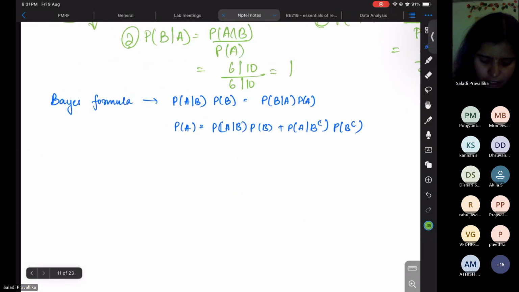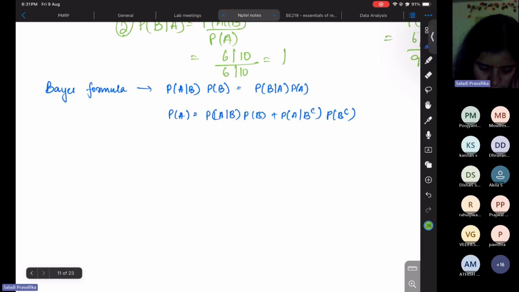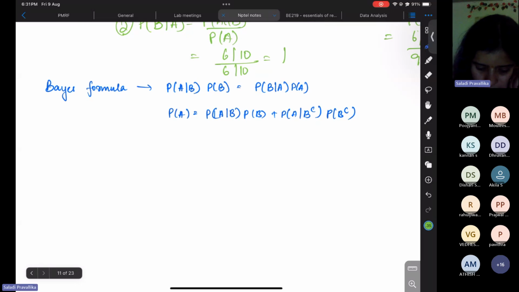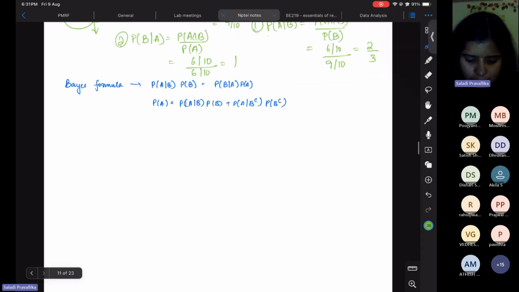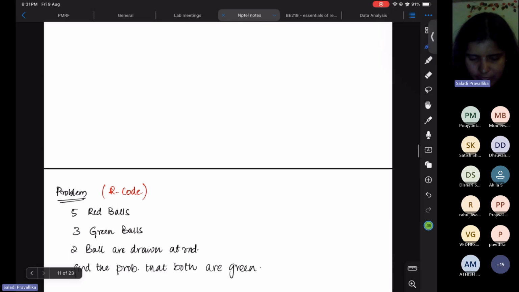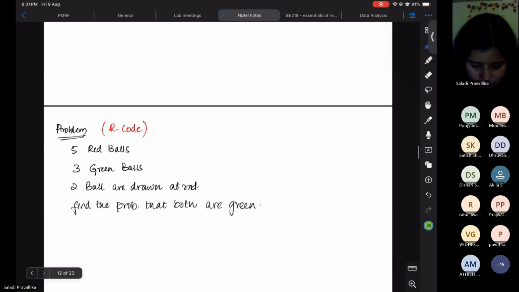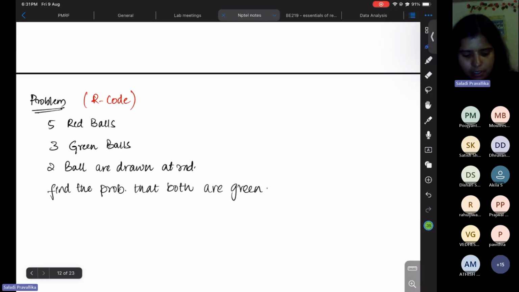And then we have the Bayes formula. The derivations and all you can look up in the textbooks as well, and it is going to take a lot of time to go through all of that. So I want you guys to solve this problem.